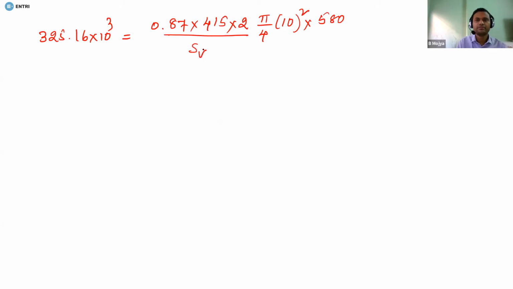SV is not known, SV only we have to find. Upon simplifying, you will get SV as 101.14 millimeters. As it is given to approximate, you can approximate it to 101 millimeters. So the spacing between these stirrups is 101 millimeters.